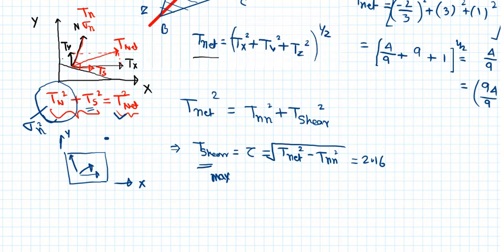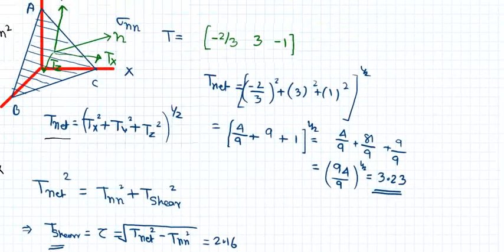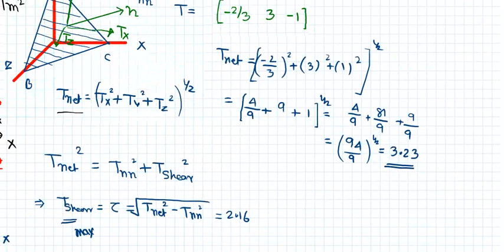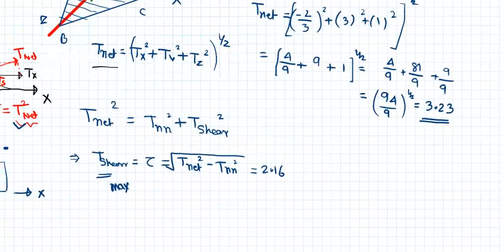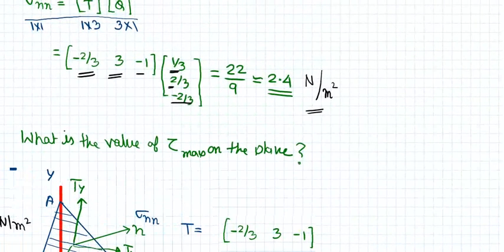So okay, now Tx square plus Ty square plus Tz square, where Tx is nothing but minus 2 by 3, take a whole square, plus 3 square, that is 9, plus 1 square, that is 1. If you calculate this, then you will understand that this is nothing but 3.23. Now T shear, which is our question. The normal stress we have calculated, and this was 2.4.